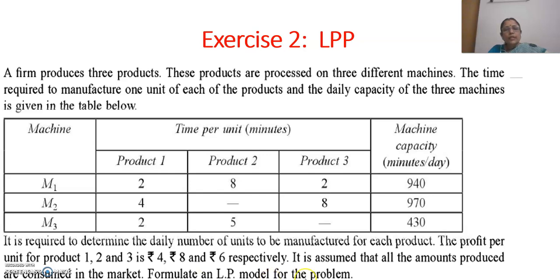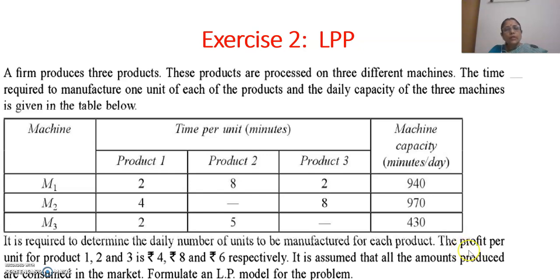So formulate the linear programming model for the problem. First, from this table, it is very clear that we have three decision variables, x1, x2 and x3. I have told you already that the decision variables can be identified from knowing whether you are going to find out the unit profit or unit loss.